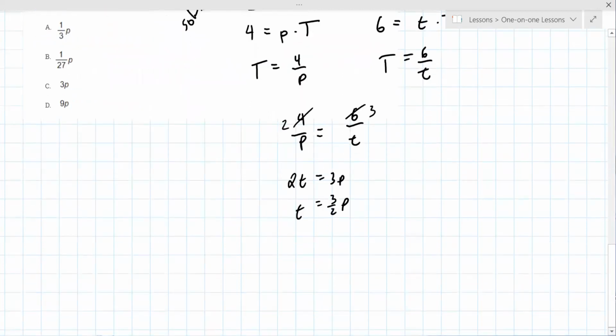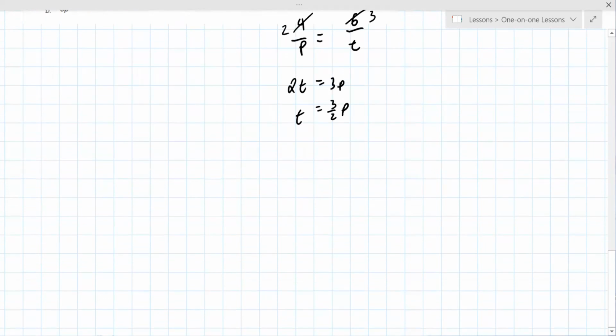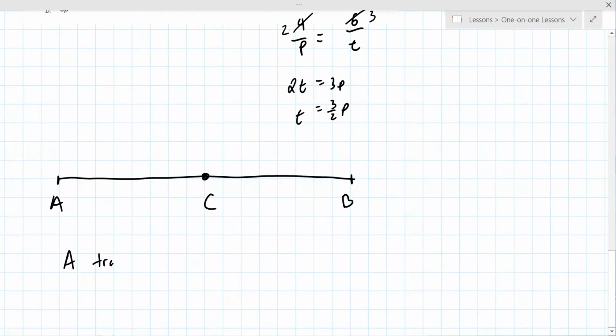All right, let's do a related problem to this. Is that okay? Spend a little more time on this. Okay, so here's A, here's B, and here's C, and we know that A travels at, I don't know, 10 miles per hour, and B travels at R miles per hour.